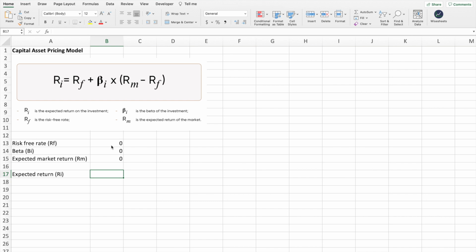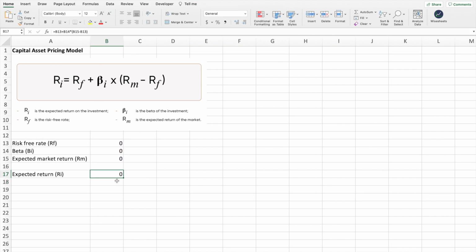In this case, we have that the R_i, the expected return, is equal to the risk-free rate plus the beta times the difference between the expected return from the market minus the risk-free rate. And this, by the way, assumes that the expected return from the market is higher than the risk-free rate, which it is.